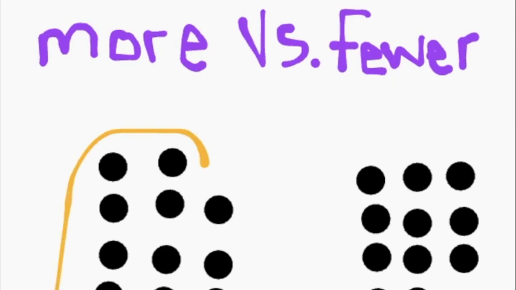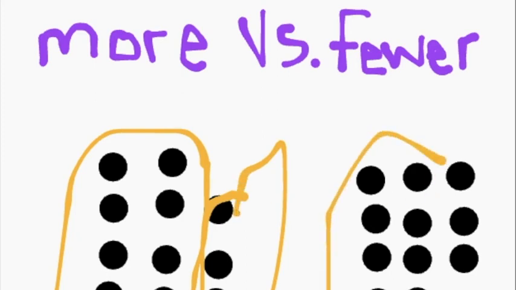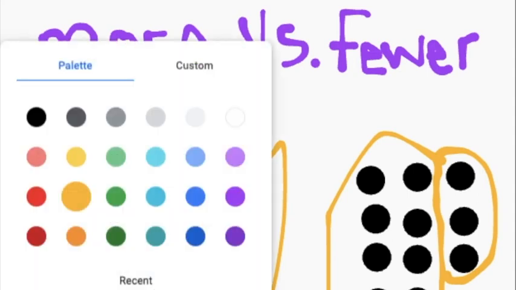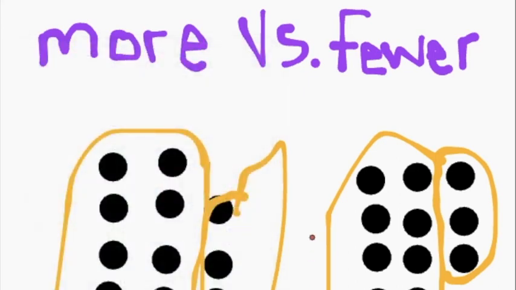So I'm going to say this is 10. I can tell that with my subitizing brain. And this is 4. And this has a group of 10. And it has a group of 3. Oh my goodness, it's the same numbers. Who picked up on that?